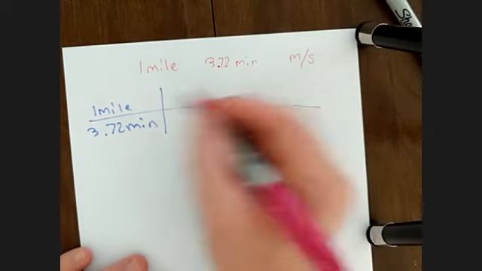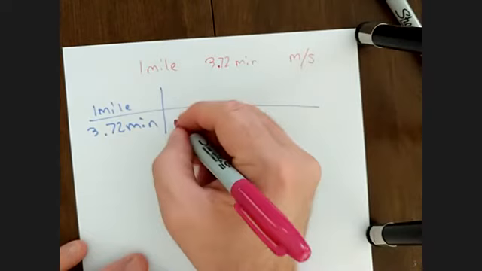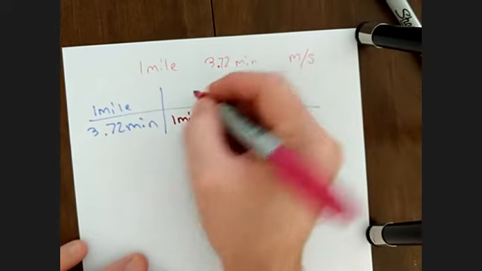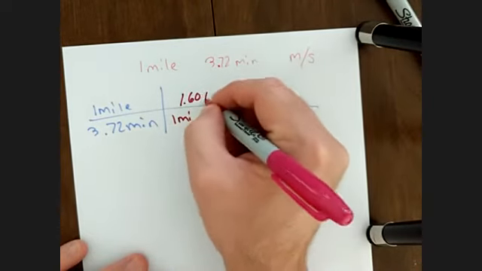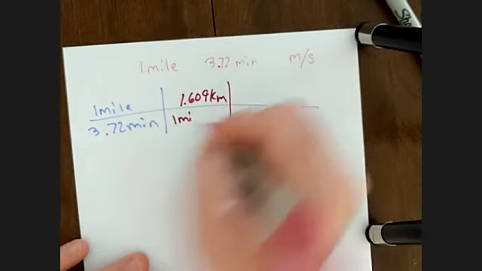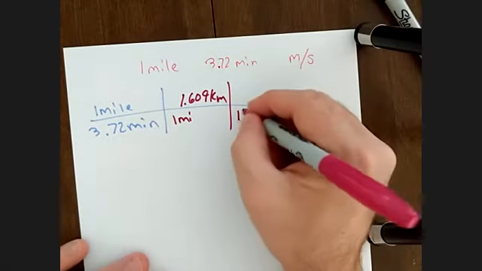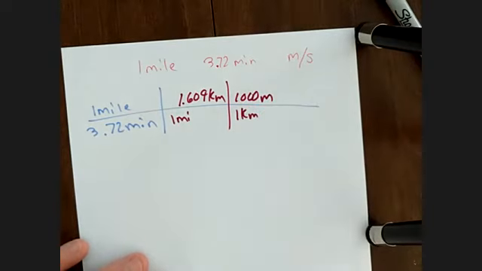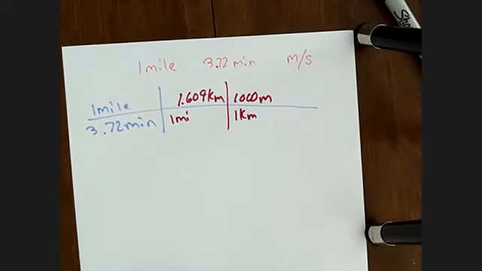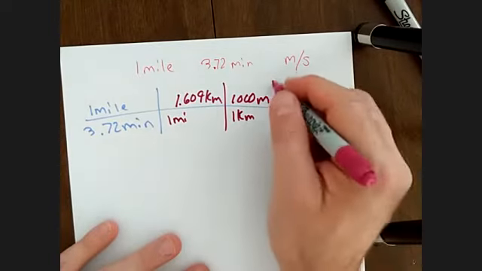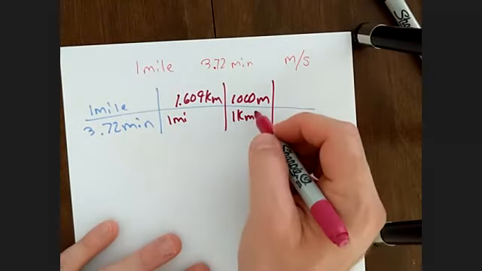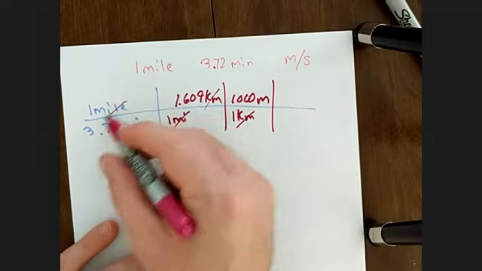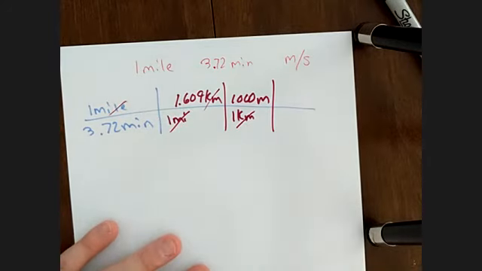Okay, so we want to go from miles to meters. In 1 mile, there is 1.609 kilometers. 1 kilometer is 1,000 meters. By setting the units opposite one another, these divide themselves out.